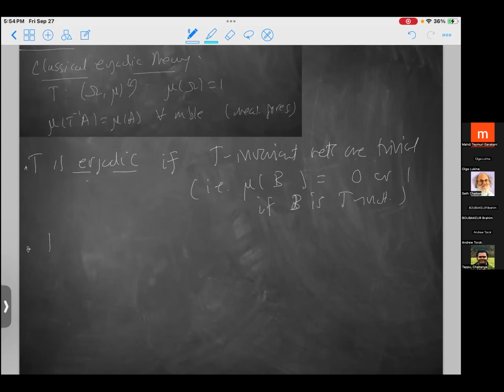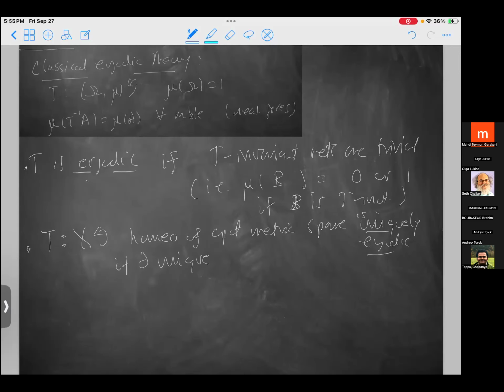If we have a homeomorphism of a compact metric space, let's say X to X, we say it's uniquely ergodic if there exists a unique preserved Borel probability measure.